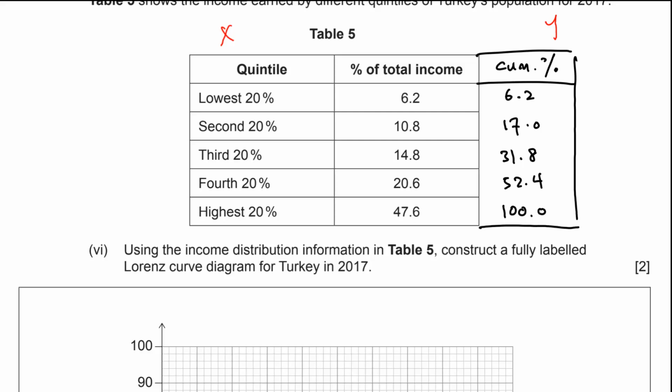So if I were to graph this in two-dimensional space, the quintiles are going to be down here on the x-axis, and the cumulative percentages are going to be on the y, the vertical axis. So let's go ahead and do that.